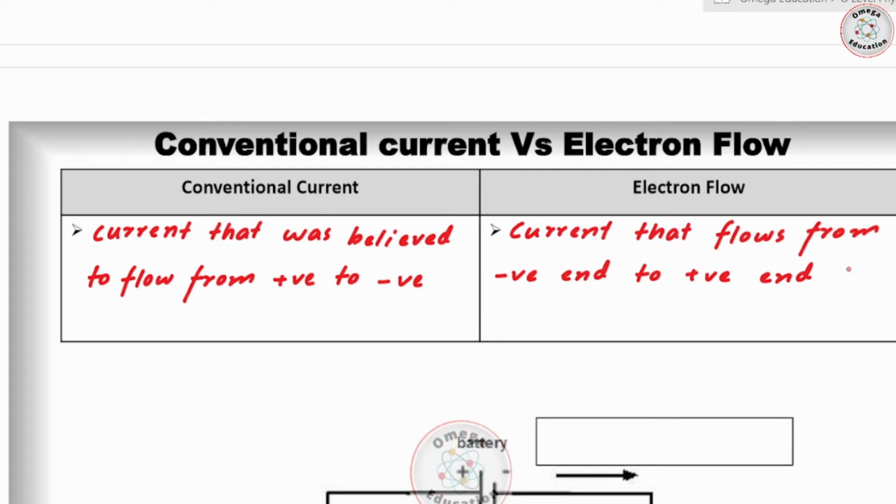The amount of current at the end of the day would remain the same. If the current in the circuit is, let's say, 5 milliamperes, no matter if you measure from positive towards the negative or from negative towards the positive, the amount of current would remain 5 milliamperes. It won't change.